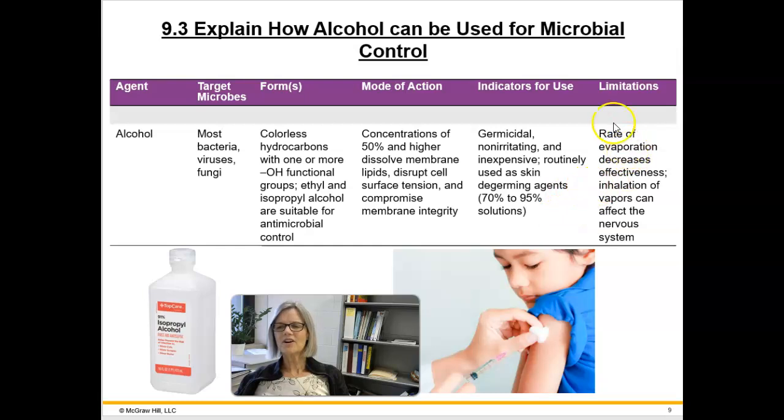So the alcohol can kill bacteria, and we know that from hand sanitizers on our hands. Hand sanitizers have that gel-like solution in them because it prevents the alcohol from drying so fast and keeps it in contact with your skin long enough to do some microbial control. Okay, but alcohol is an effective antiseptic, and it's used routinely.